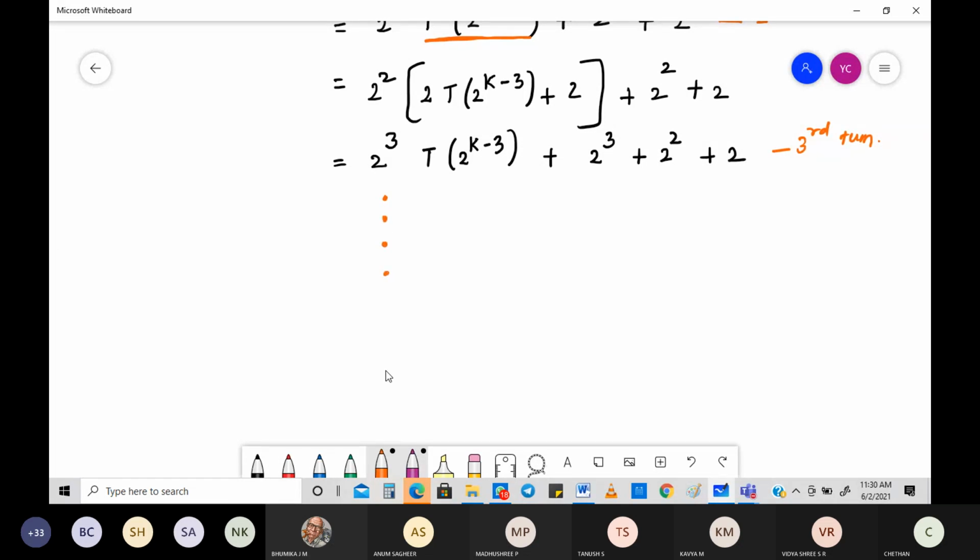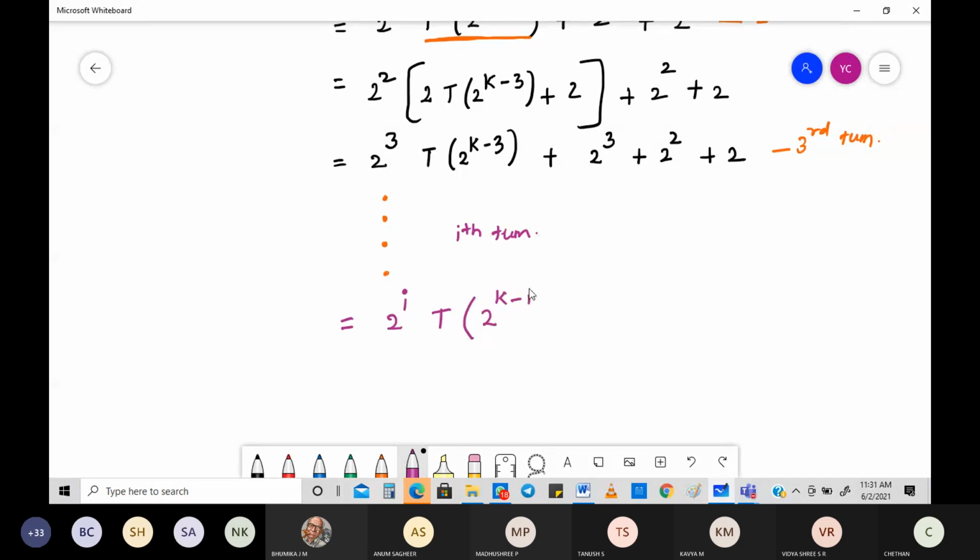It is equal to 2 to the power of I, because I'm going to write up to the ith term. So instead of 3, 4, 5 like that, I'm going to write in general I. t of 2k minus I.